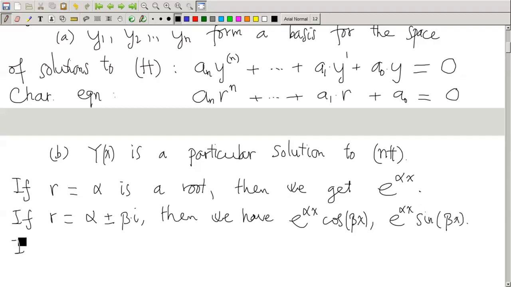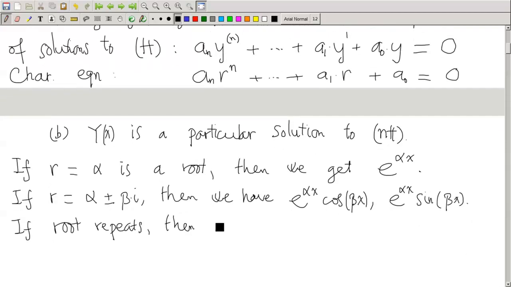And if we have a repeated root, then we just multiply the solution by x.